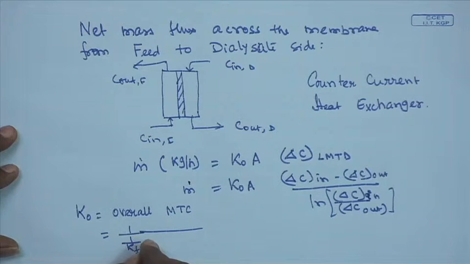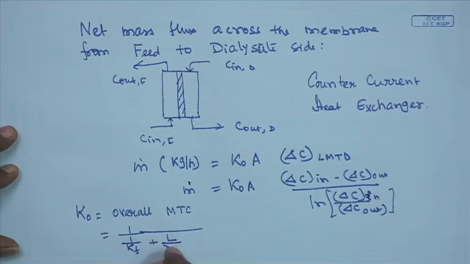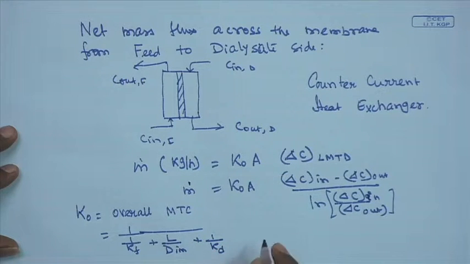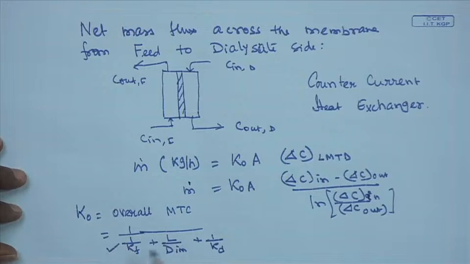It will be 1 over Kf plus L over Dim plus 1 over K in the dialysate side. Therefore, we know the mass transfer coefficient in the feed side, we know the mass transfer coefficient in the dialysate side, and if we can determine the diffusivity of the solute we are talking about in the membrane phase, we can calculate the resistance offered by the membrane, L by Dim.